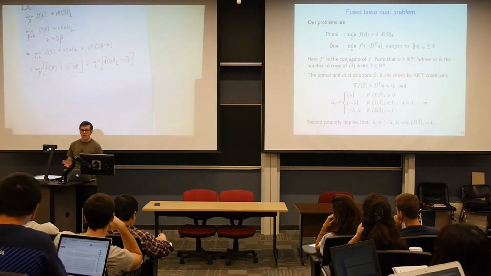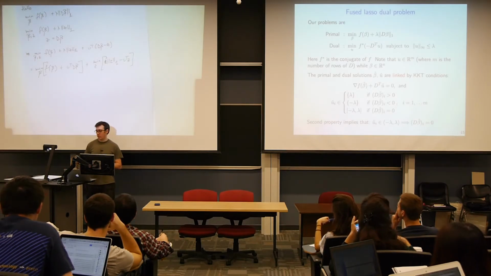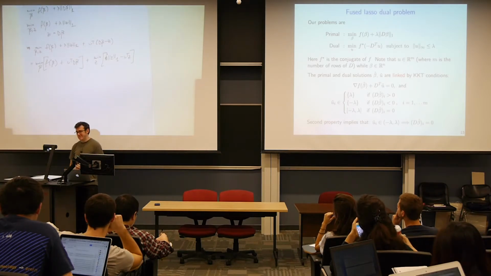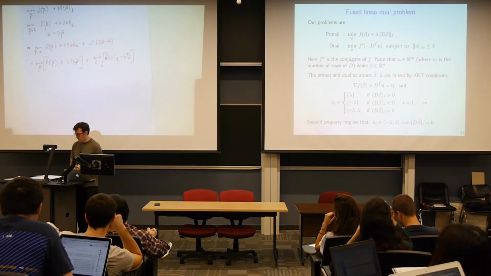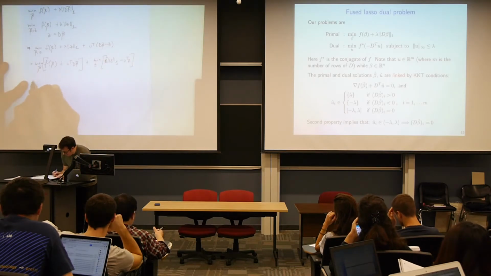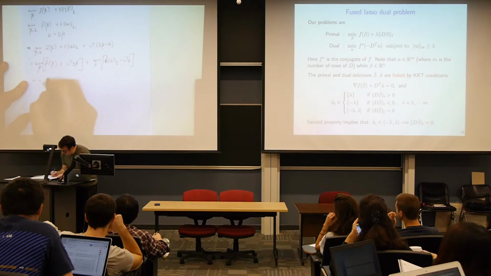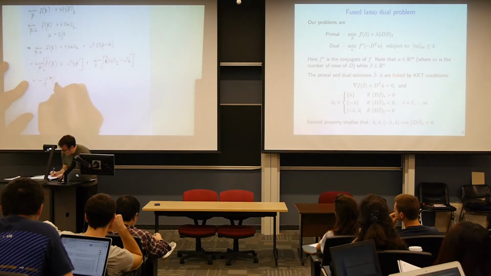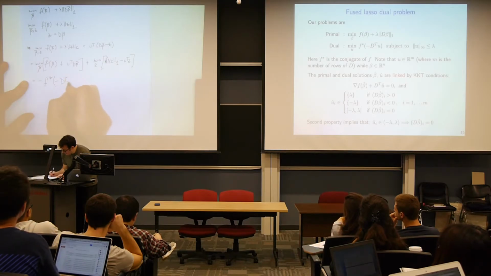All right, so now we essentially apply what we've learned about conjugate functions. And so we've seen before that this first term is exactly equal to the conjugate of f evaluated at minus D transpose u.